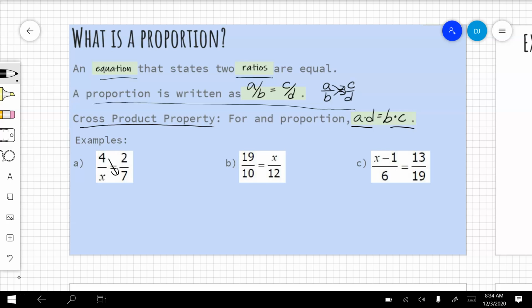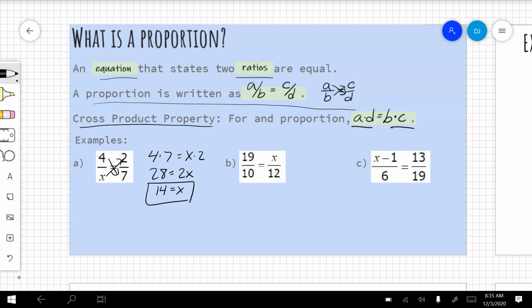You would have 4 times 7 and x times 2. So 4 times 7 is 28 equals x times 2, which I can rewrite as 2x. Divide by 2, and that gives us x equals 14.